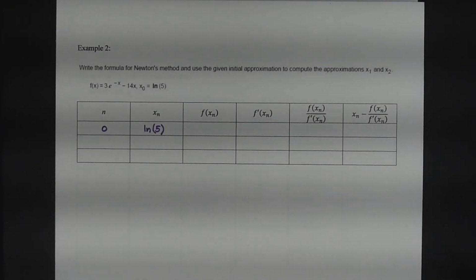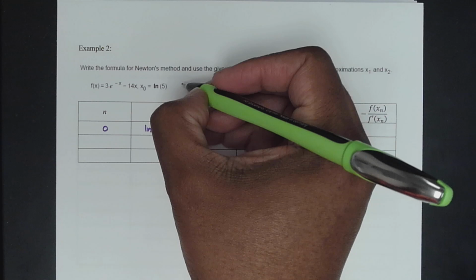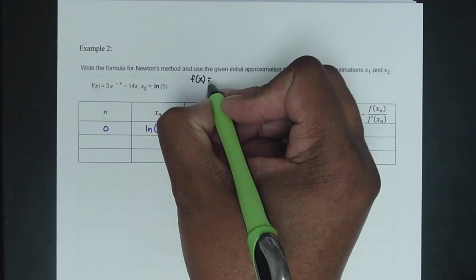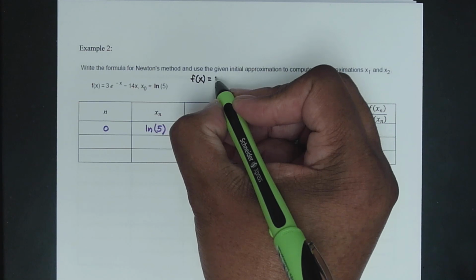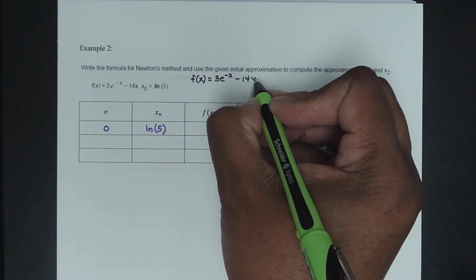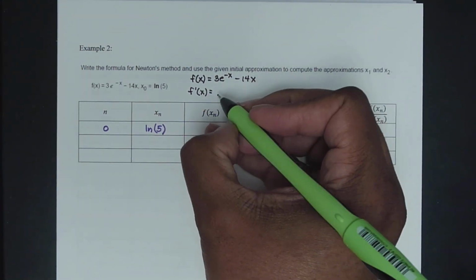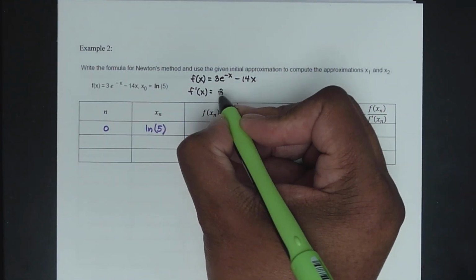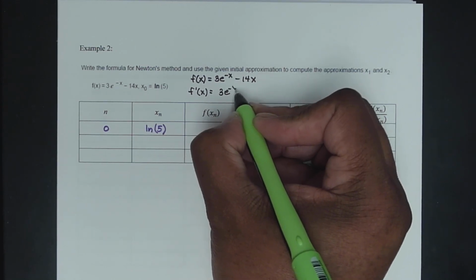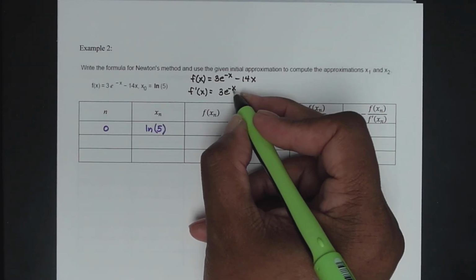Now, first of all, I got f of x, but I need f prime of x. And I need my equation, or my formula, for Newton's method. Well, if f of x is 3e to the negative x minus 14x, then f prime of x, if I do this, I bring down the 3, e to the negative x, its derivative is e to the negative x, but I need to apply the chain rule by taking this inside derivative.